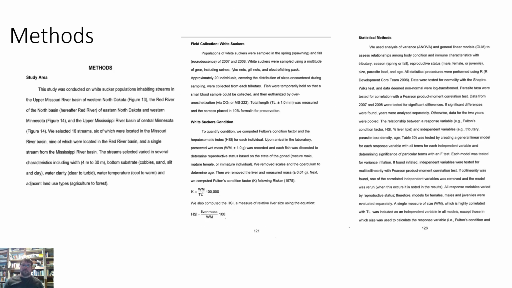Methods. This is where a lot of students get confused because I don't know if in high school or middle school, you have instructors that teach you to list your methods, like method number 1, 2, etc. But that's not how you write a method section.